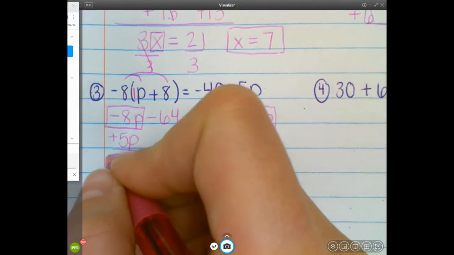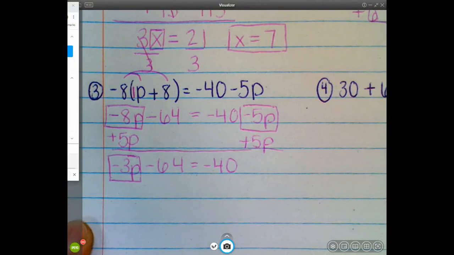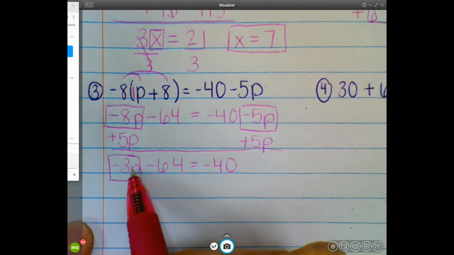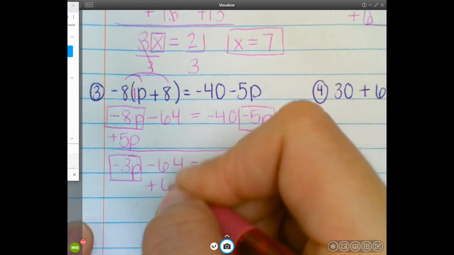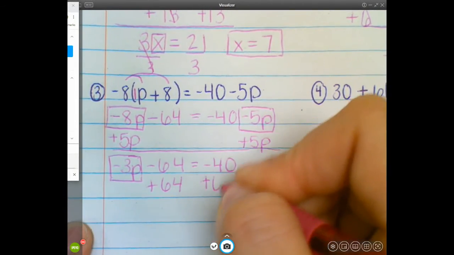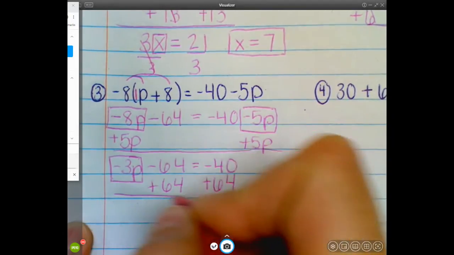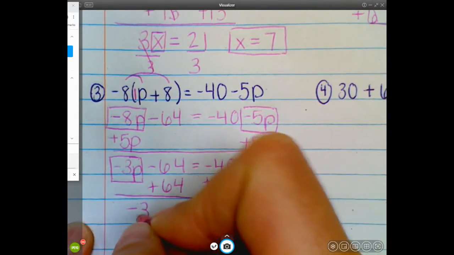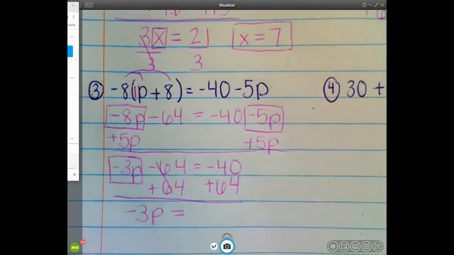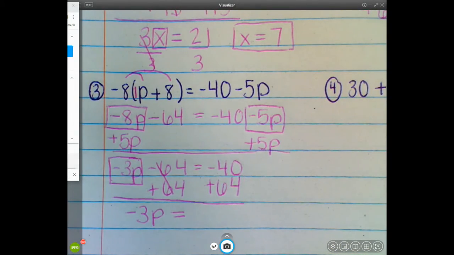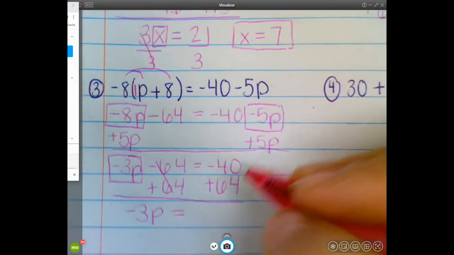If I box my variable again, I have to isolate the p, so I need to move the negative 64 by adding 64 to both sides. So we have negative 3p, these cancel, equals negative 40 plus 64, which is 24.